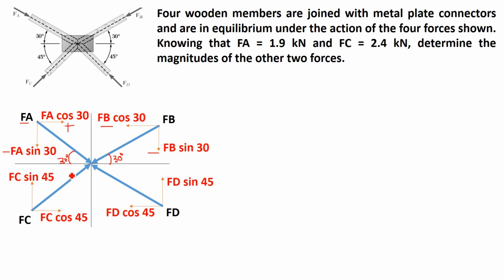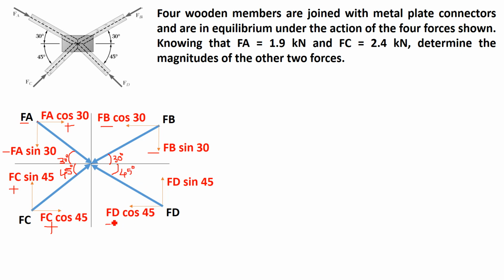The Fc force is making an angle of 45 degree with respect to horizontal, which is given to you. Fc is going in the first quadrant, so x component is plus, y component is also plus: Fc cos 45, Fc sin 45. Similarly the last force Fd is actually in the second quadrant, so the angle is 45 degree.